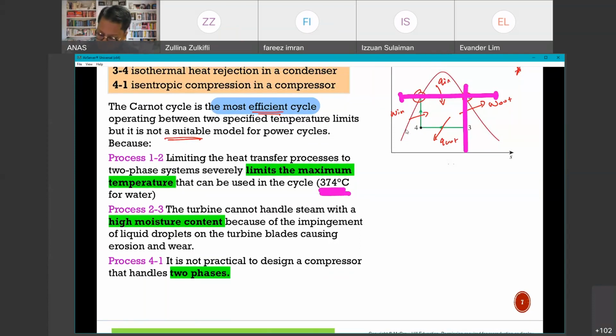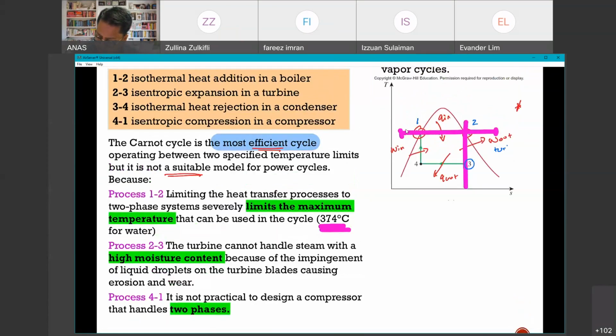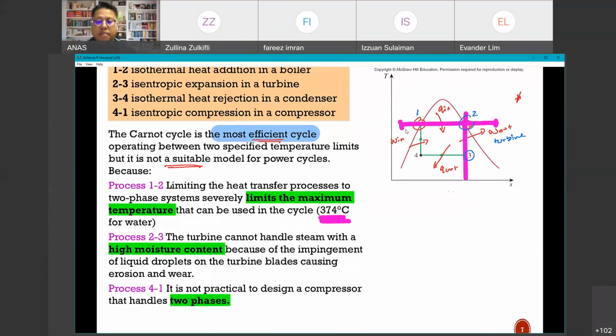If you look over here, I'm going to label again 1, 2, 3. Remember, this is W out, this is the turbine. When we have high-energy steam exiting the boiler and getting into the turbine, the steam or vapor will do work by using its kinetic energy to rotate the blades in the turbine, hence generating work, W out.